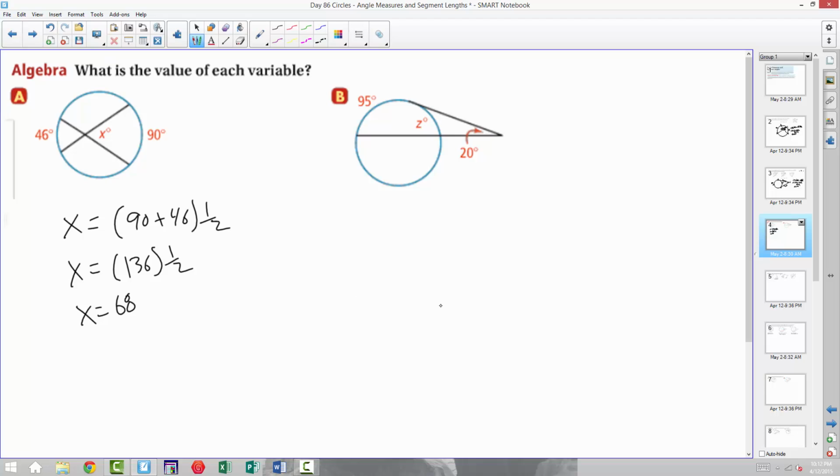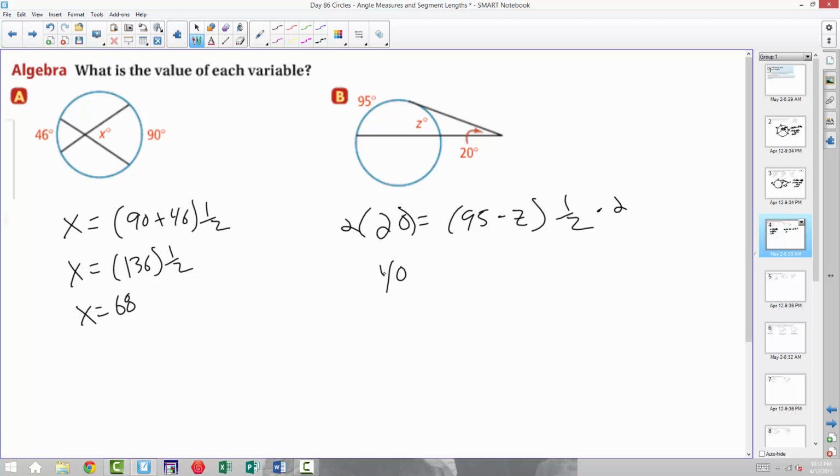So here I have my angle that's on the outside. Z is actually an arc measure that I need to find. So I know in this case that 20 is equal to 95 minus Z times a half. Solving for Z, I multiply both sides by 2.